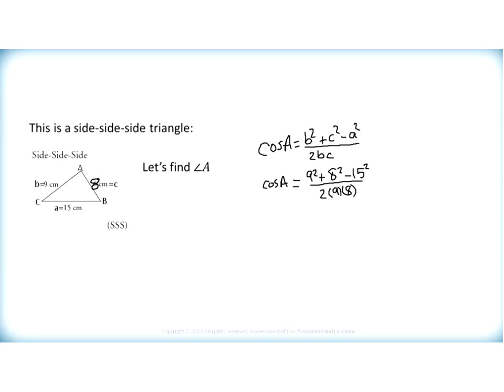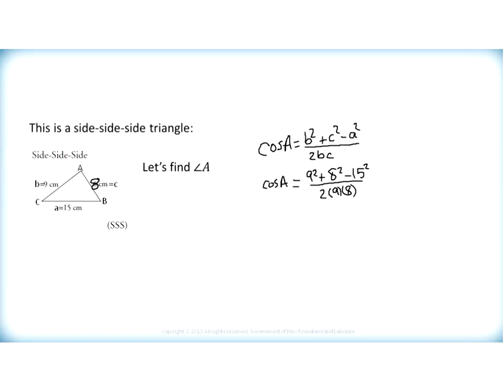And now I'm going to go once again to my calculator. So I have my computer's calculator here. I'm going to type in on it 9 squared plus 8 squared minus 15 squared. When I do that, it gives me a value of negative 80.